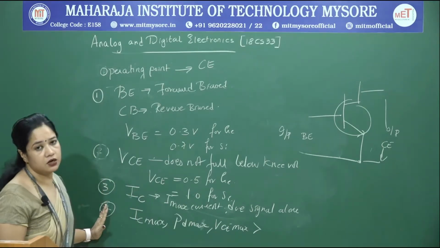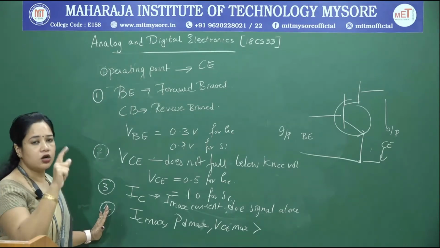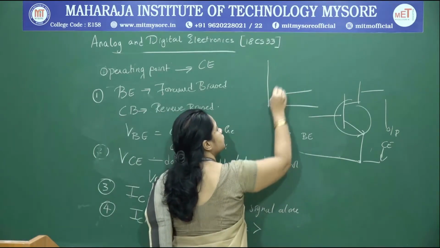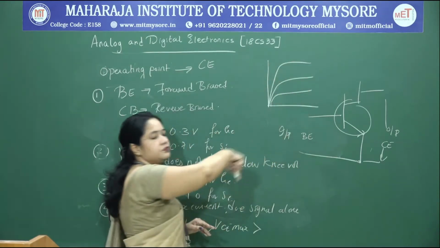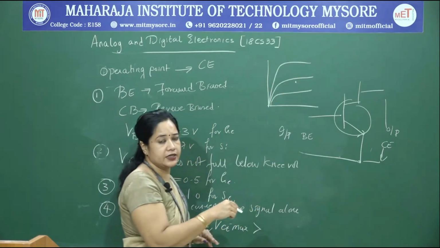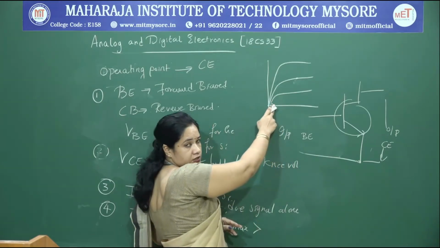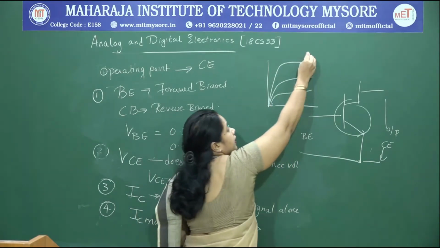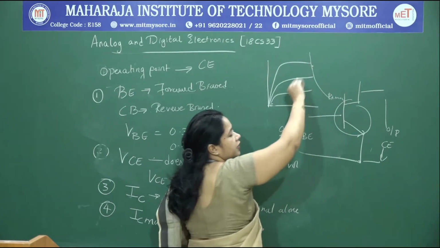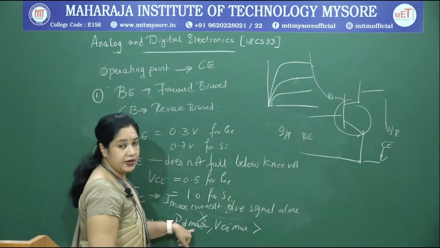So keeping these factors into consideration, you decide an optimal operating point in the active region, and it is usually, as you can recall from whatever we just wrote, this is your output characteristics. It is usually in the middle of the output characteristics. A point here is in the cutoff region, and if you take a point here, it exceeds the maximum power rating, or it is near the power rating, and a slight variation would violate this condition.